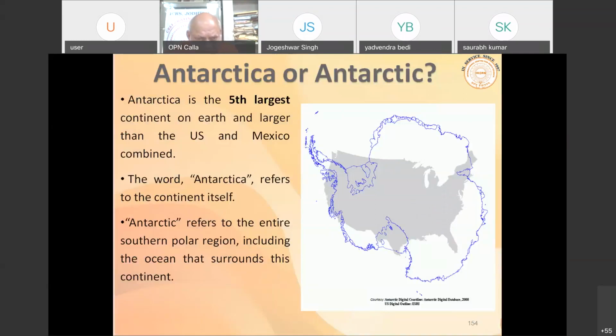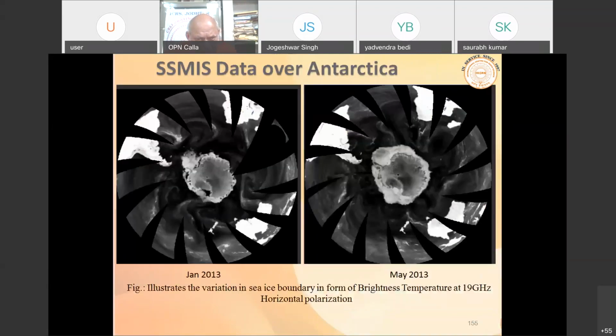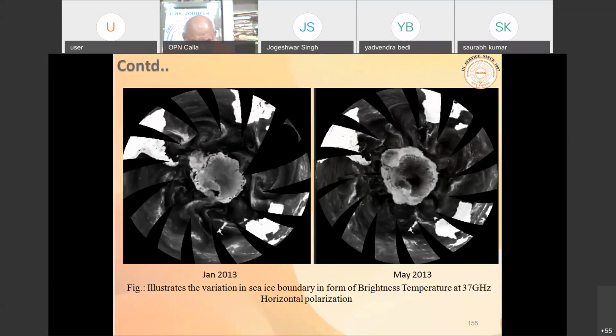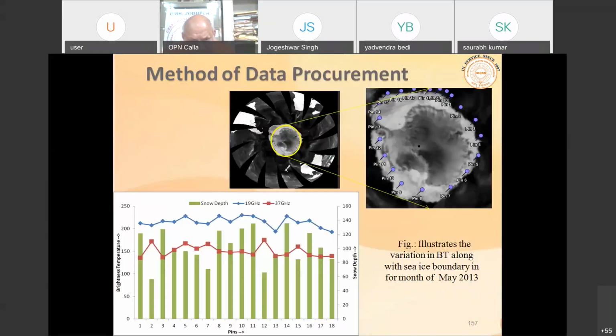This South Polar region, I want to go fast about this one. This is the January and May sea ice boundaries at 19 gigahertz, and this is January and May at 37 gigahertz. Then here again, you see the depth of snow at 19 gigahertz and 37 gigahertz.